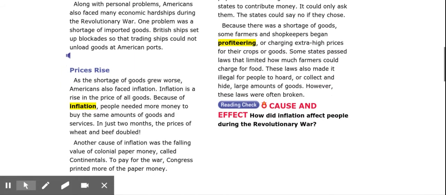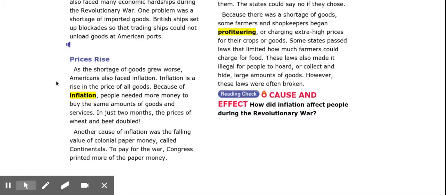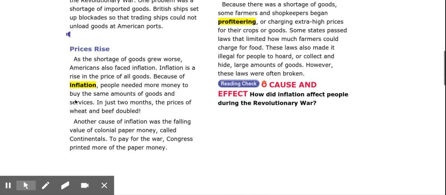During war, we've got a shortage of goods. When you have less goods that people need, you have what's called inflation. The price of things rises, not because it's more valuable, but because now there's less of it and it's in more demand. So we have inflation causing products and goods to cost more money.